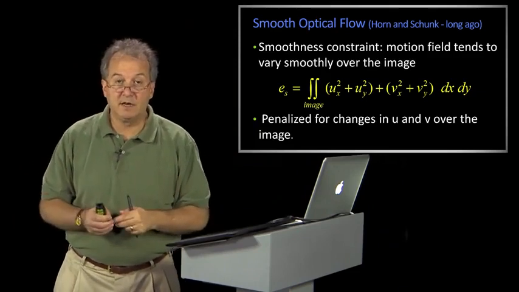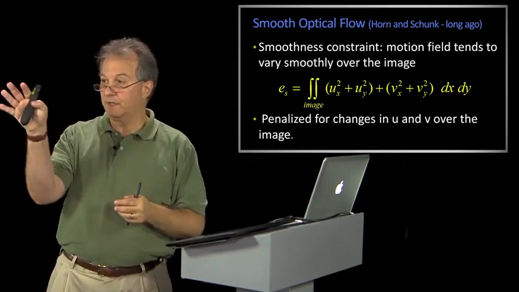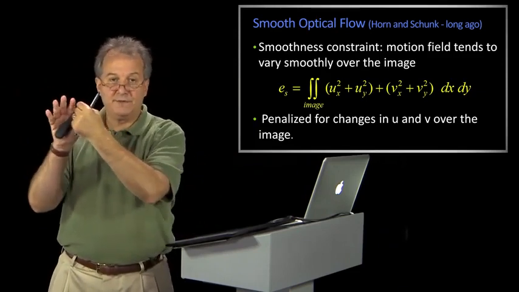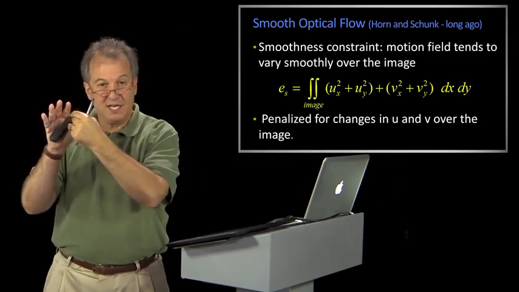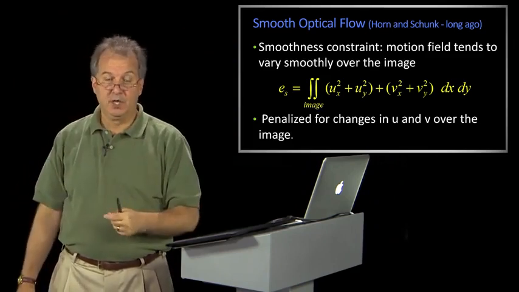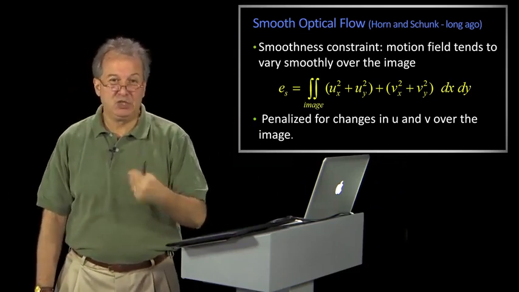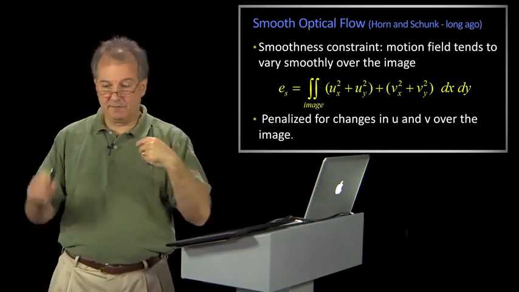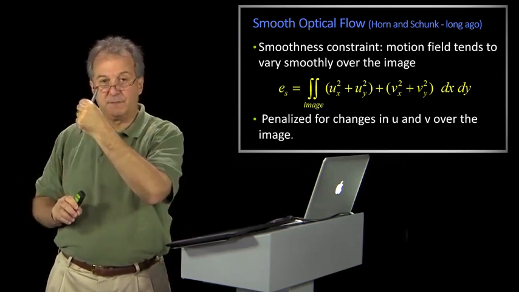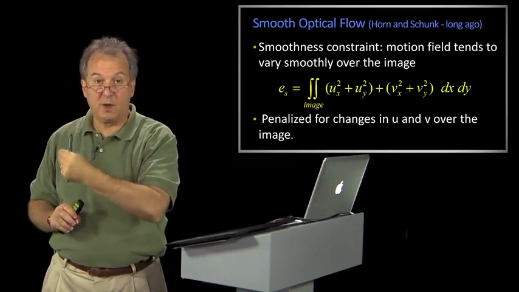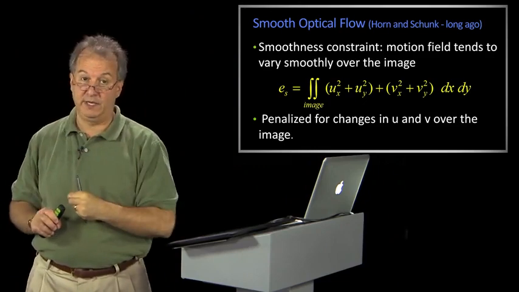The same could be said of motion. If I've got something moving around, the motion vectors from one point to the next change slowly. So let me come up with a penalty term that says I really don't like velocity fields where the velocity changes quickly from one location to the neighboring location.